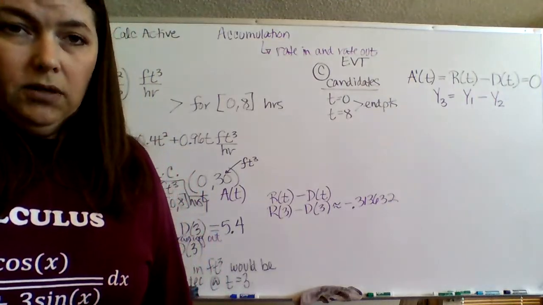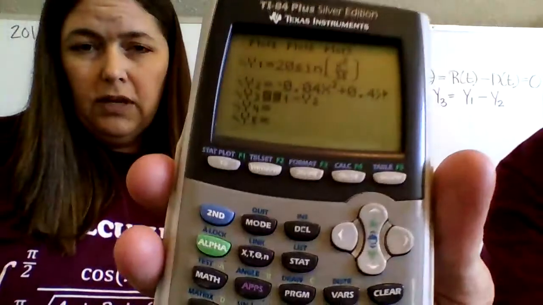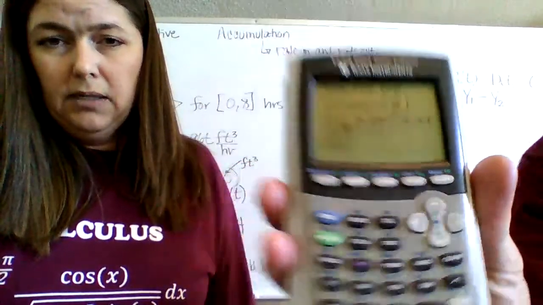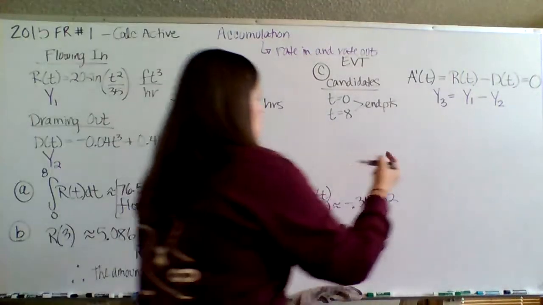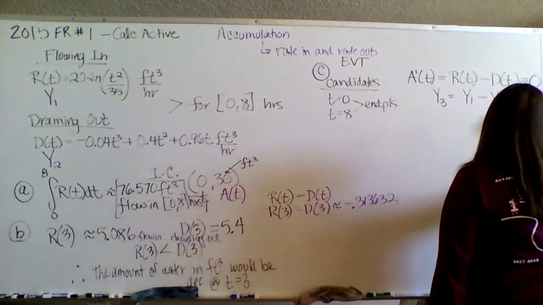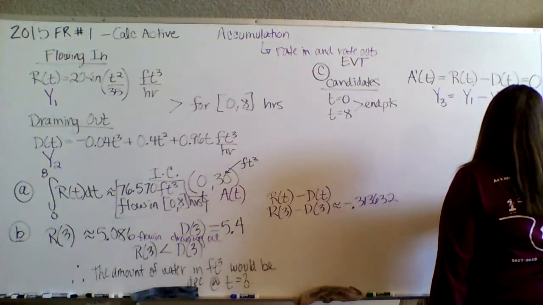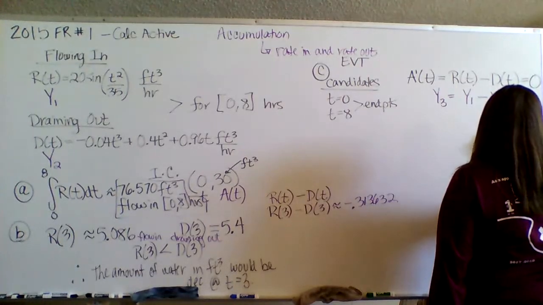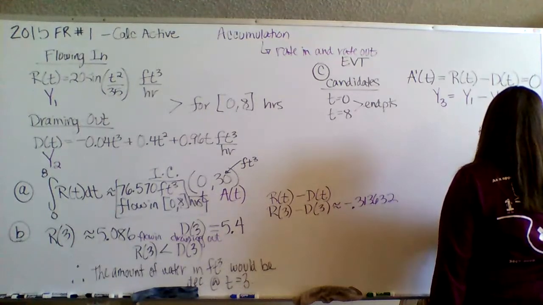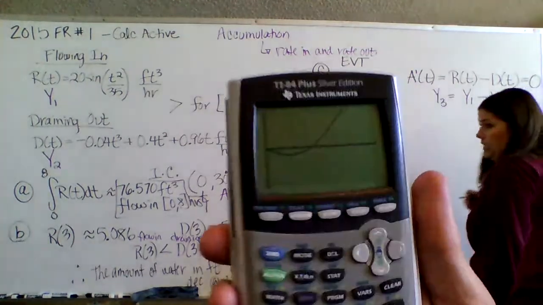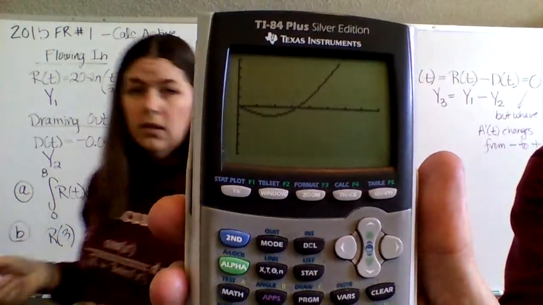So we would have the other critical points, right? And if we're looking for a minimum, we also want where we switch from negative to positive. So not only equal 0, but where A prime of t changes from negative to positive. Because then that would at least be a local min, and we're trying to find the absolute min.